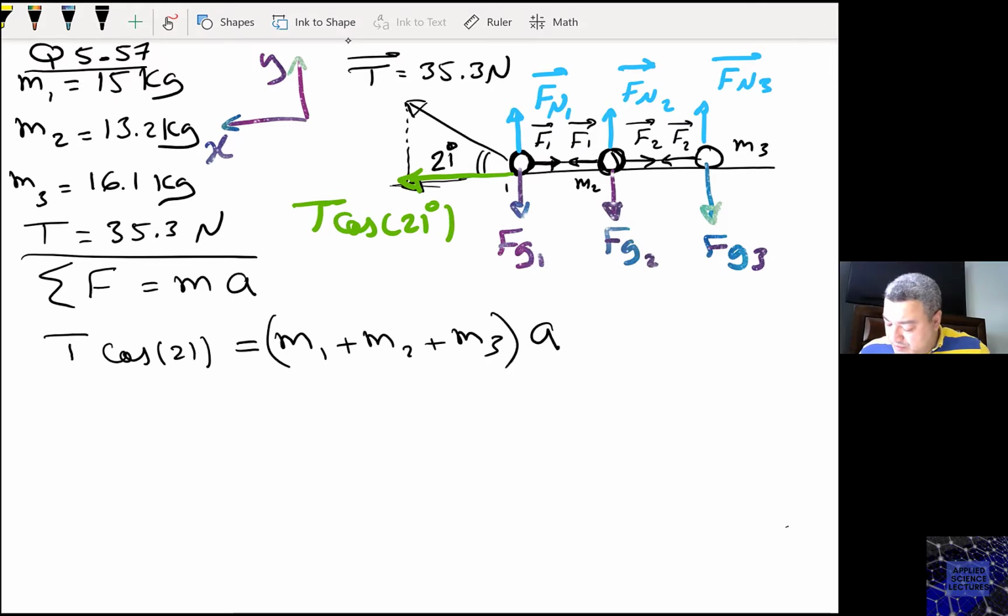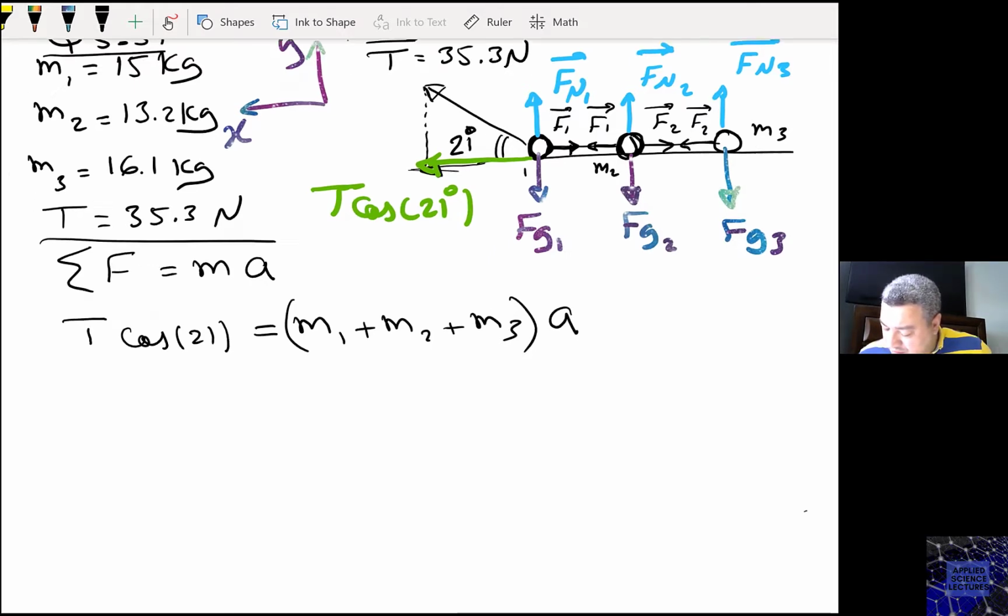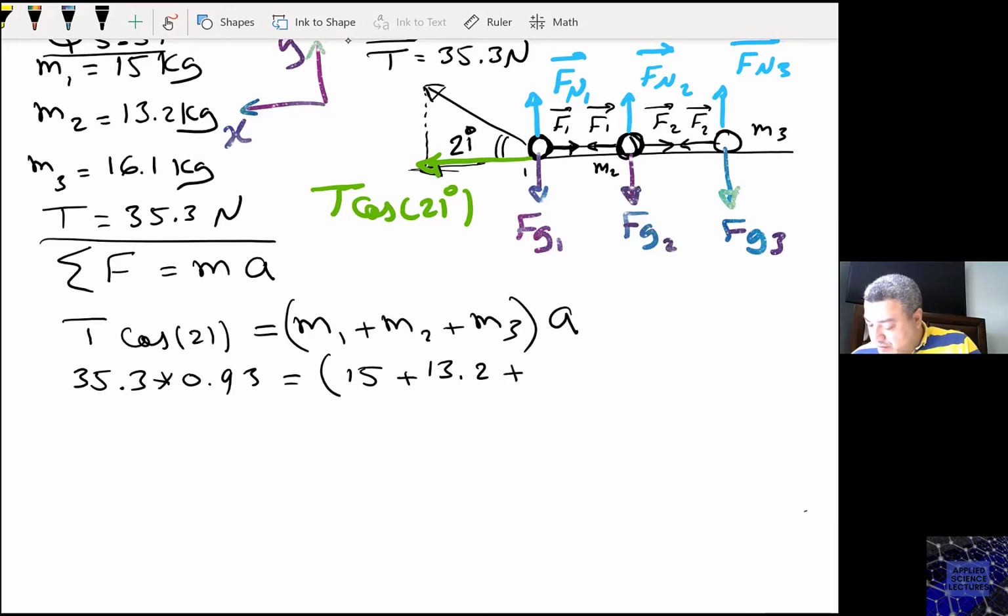So if I substitute 35.3 times cosine 21, 0.93, equals m1 as 15 plus 13.2 plus 16.1 times a.